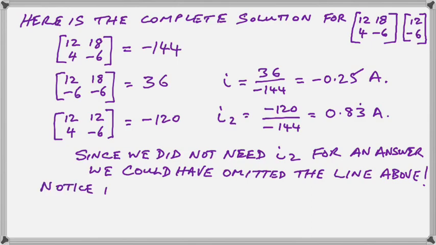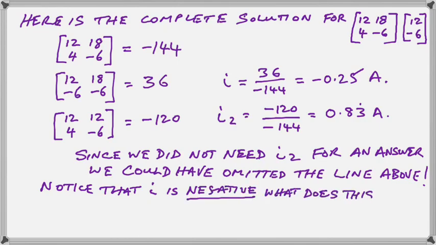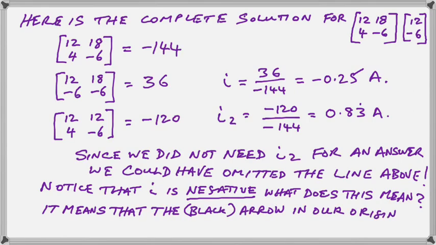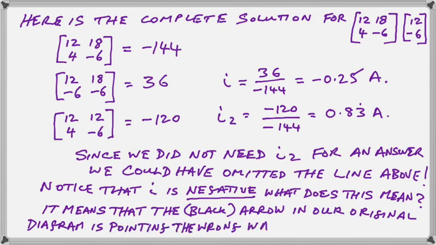Now the other thing that I need to tell you before we close the video is that you observe that your answer is negative for I. Now, it is important that you know that negative signs on currents merely mean that the direction of the current is opposite to the way you had used it in your calculation.